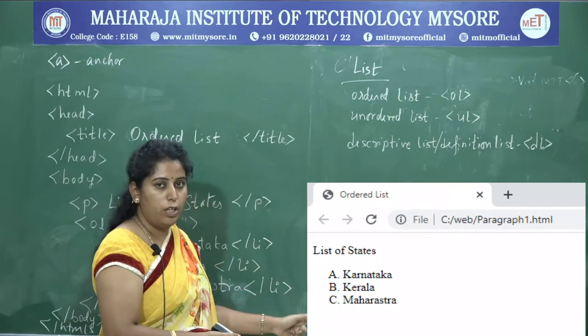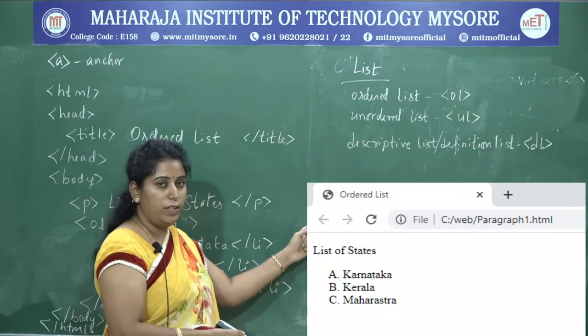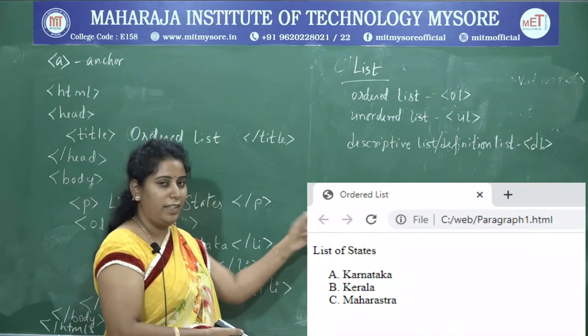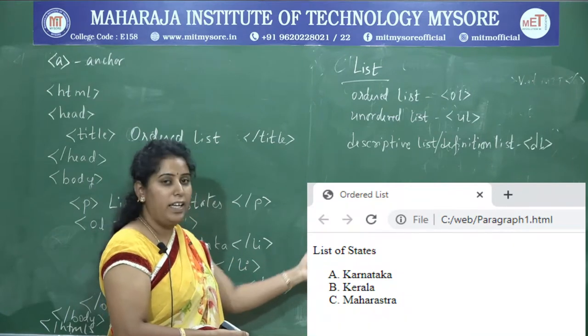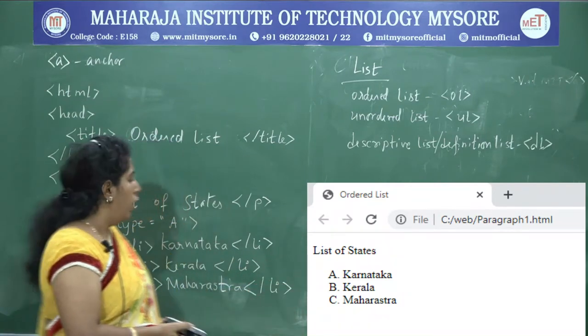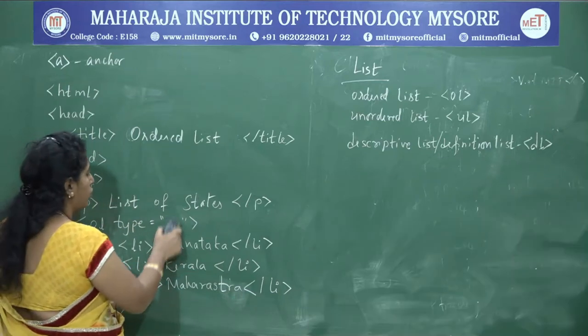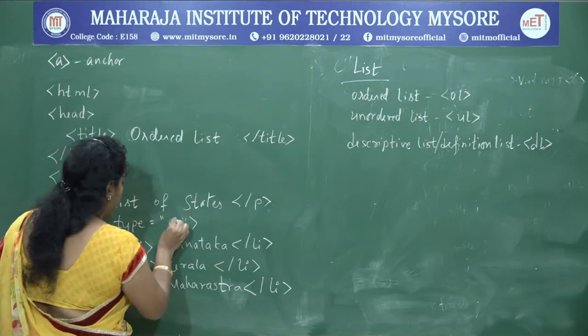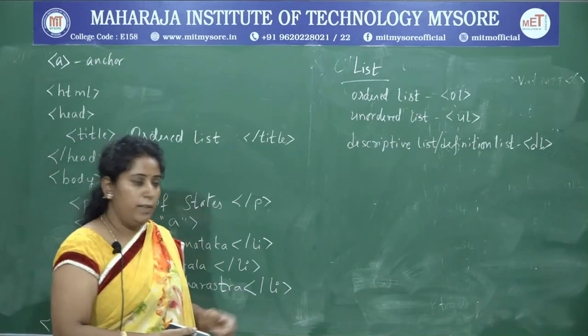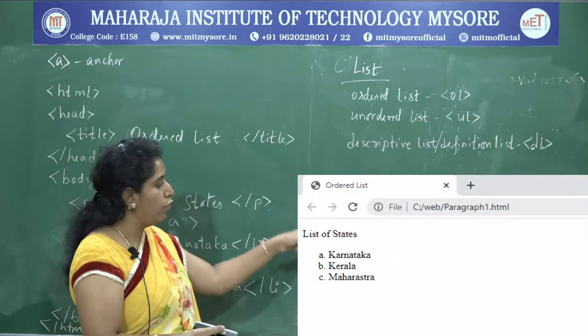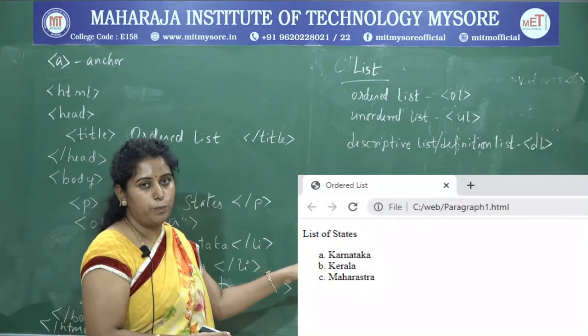Now you can check the output. See, first one A, that is Karnataka, B, Kerala, C, Maharashtra. Since I have used an uppercase A, in case I change it to lowercase a and run the program again, you can see the difference in the output.